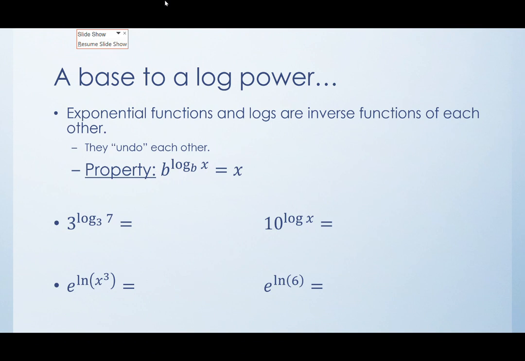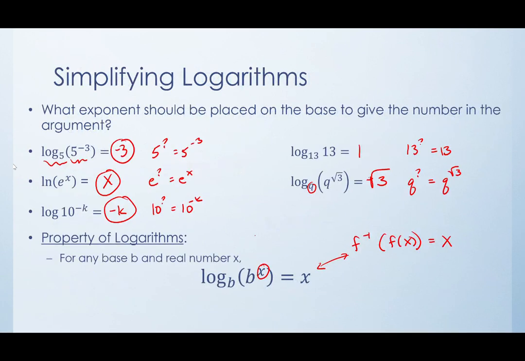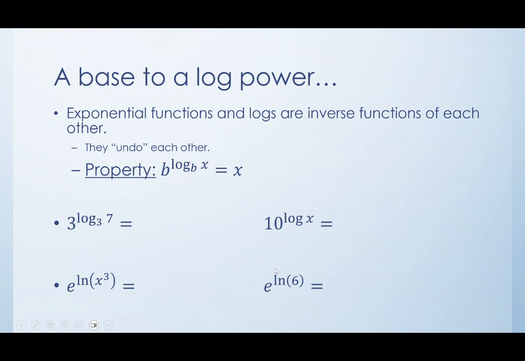Okay, so kind of the reverse, right? Same story: exponential functions and logs are inverses of each other so long as they have the same base and no other transformations, so they undo each other, right? So the same property as before, log base b of b to the x equals x, but let's compose them in the opposite order. Let's say b to the log base b of x, right?